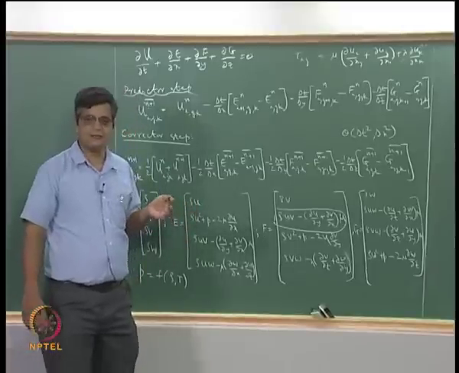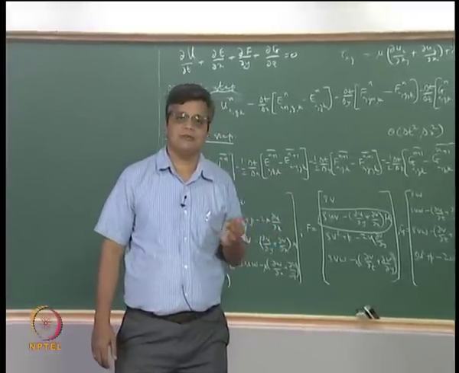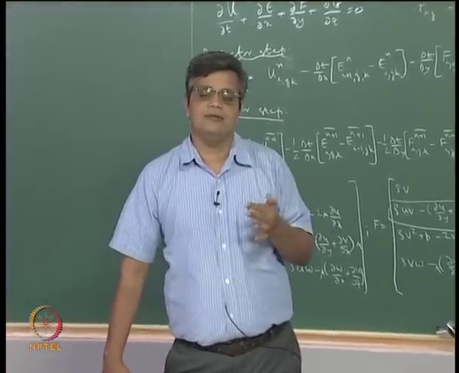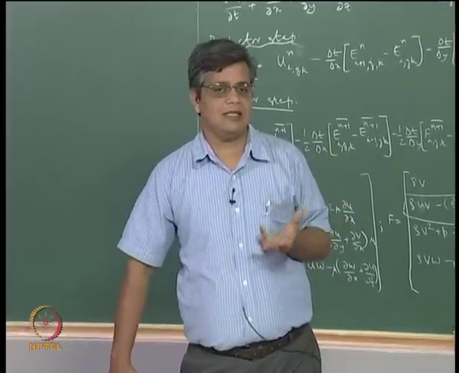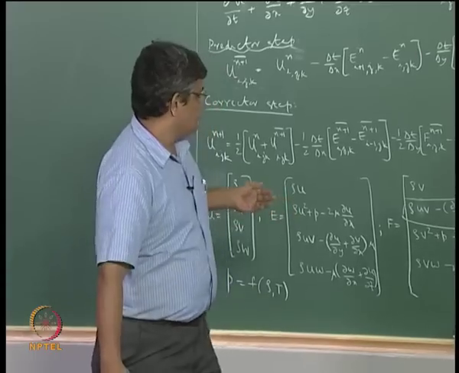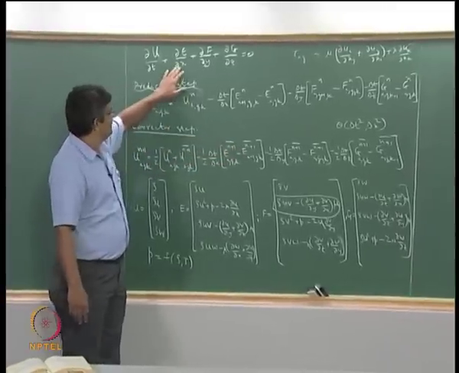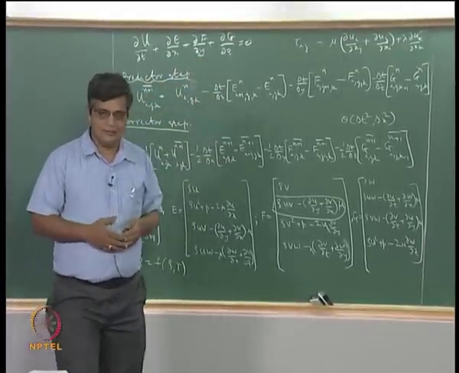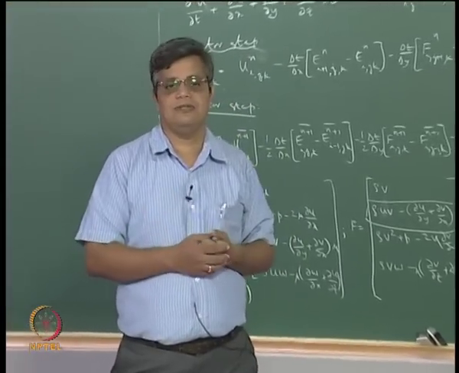So we can expect something like a Courant number kind of limitation coming from the advection term, and for the diffusive term we have the diffusivity times delta t by delta x square, that kind of combination of limit that should come through this. And we not only have those two, we also have the multidimensionality: x direction, y direction, and z direction. So we can expect further degradation of the stability limit, especially for the diffusive term.